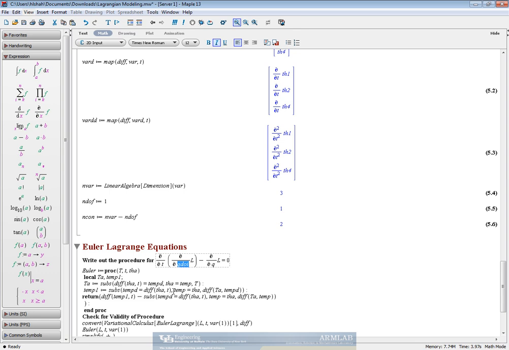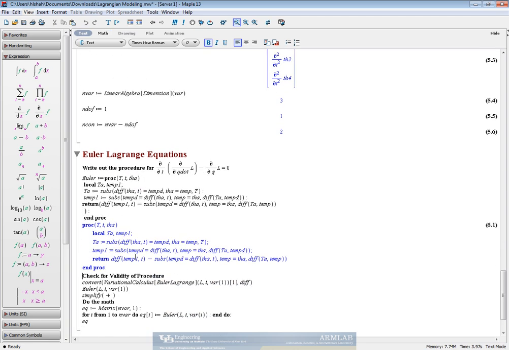We do this because Maple does not allow us to differentiate with respect to variables which have been declared as functions of time. And as you can see, the last step is just similar to the first step, which differentiates with respect to q and then returns the whole answer.